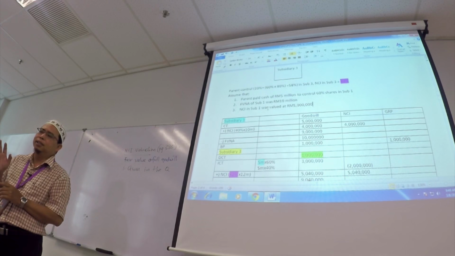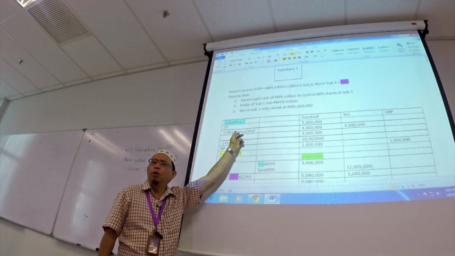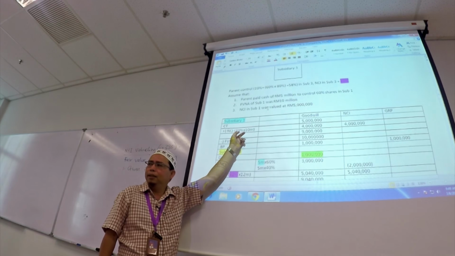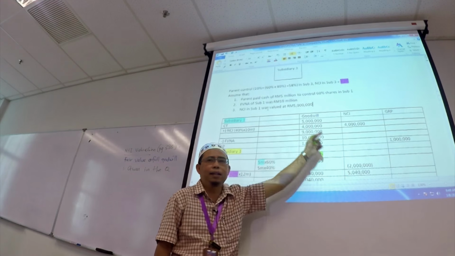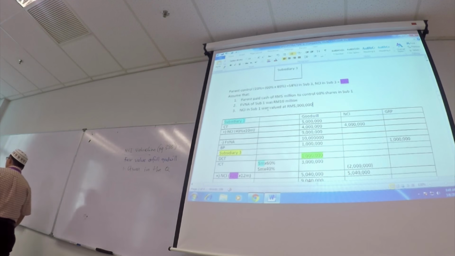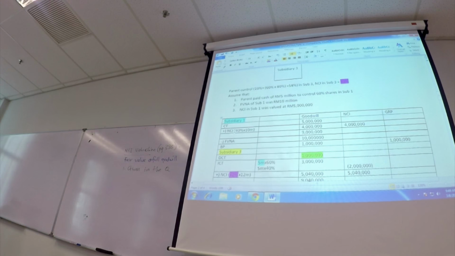So in that case, you won't use this one because this one is the proportionate method. So how do you do it? You just put that 5 million under this column. Instead of using the proportionate amount, you replace it with the fair value given.